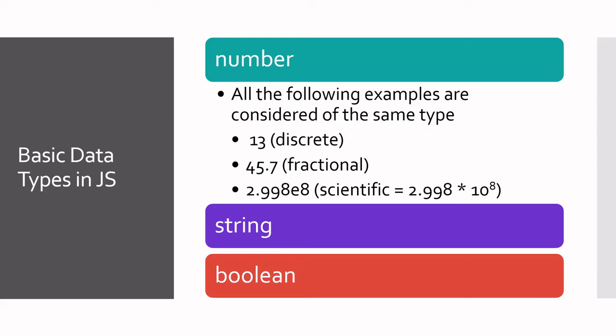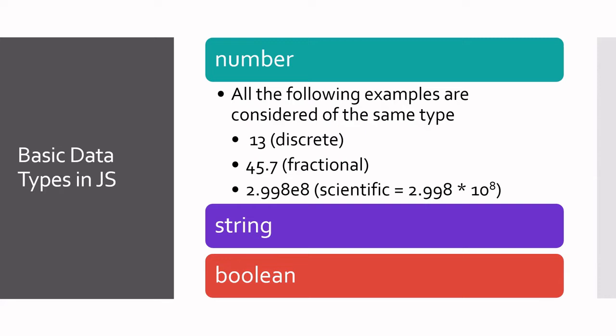Float, double and long, and there are others as well. So there is a main distinction between discrete numbers and fractional numbers, right? Discrete numbers like integers and long, fractional numbers like float and double. Now in JavaScript, that distinction doesn't exist.